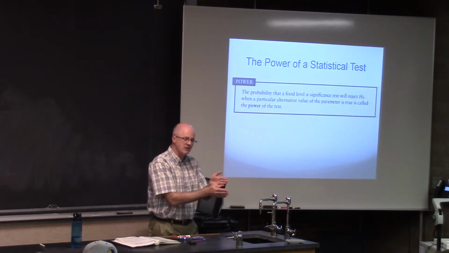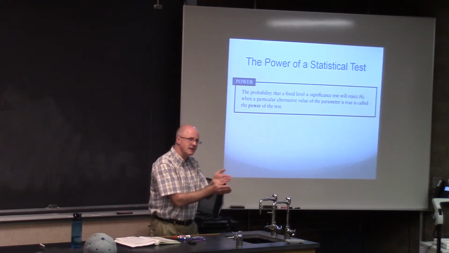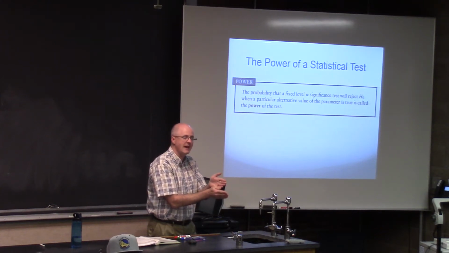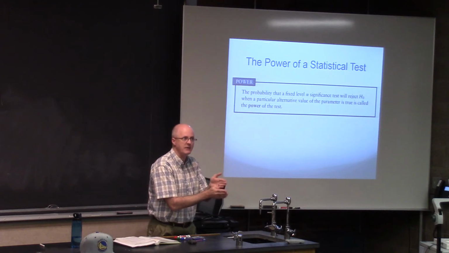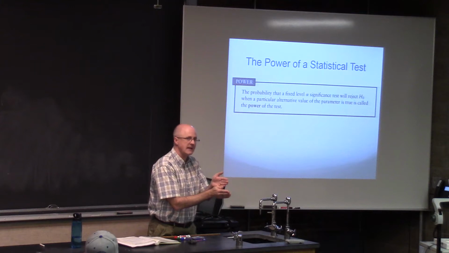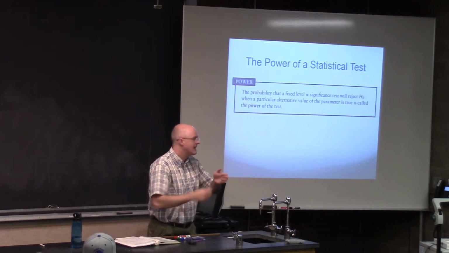If that's $10 more per person per month, and that's the minimal increase you want to be able to detect with your sample survey, then that's what you should set the alternative at to calculate the power: that minimal increase in sales per person that you want to be able to detect.